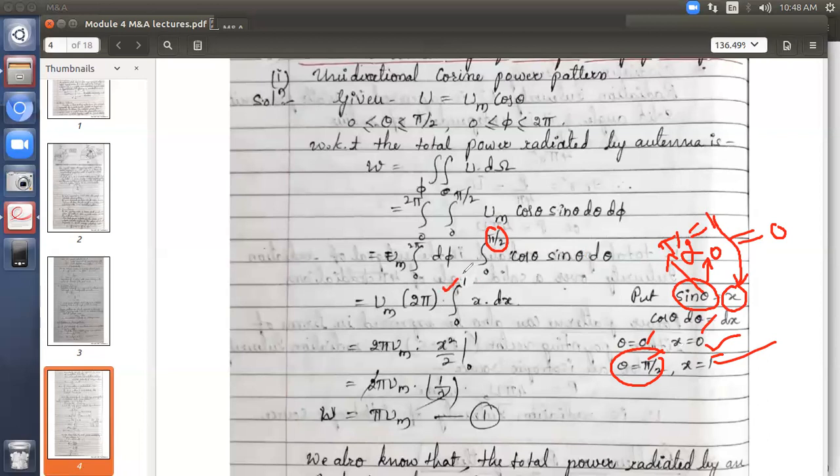So substitute the range. And what is sine theta? Sine theta I have substituted as x. And cos theta d theta is dx, so I have substituted dx. Just write this 2 pi as it is. Now what is integration of x?